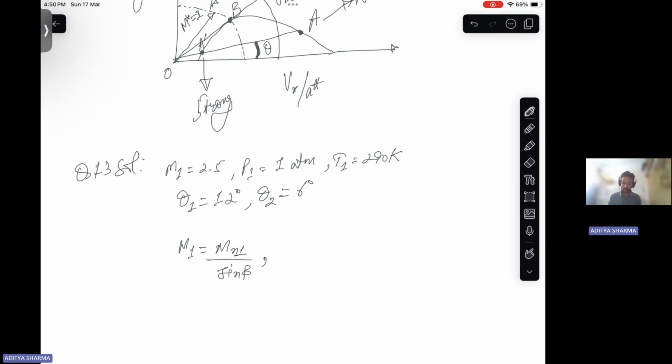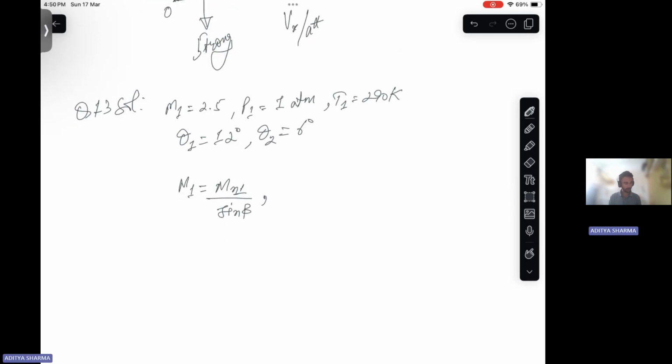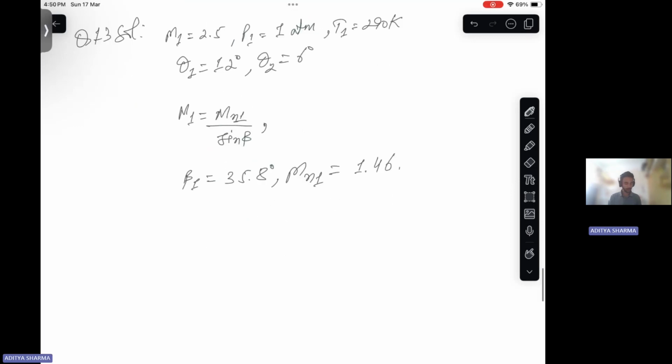So from M1 and this theta 1 value, we can get beta 1 value, which is 35.8 degrees, right? And then we can find out Mn1 from this M1 equals Mn1 by sine beta, which will come out to be 1.46, right? If we work this out.